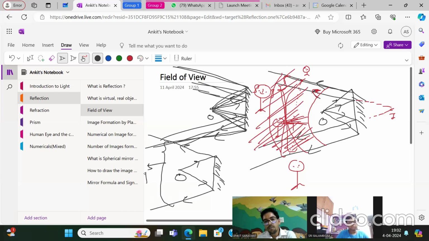So this is known as field of view. Clear? Yes, sir. If anyone is standing in this field of view, then he is able to see the virtual image of this object. Clear? In his eye, virtual image will be formed. Clear? Any doubt?